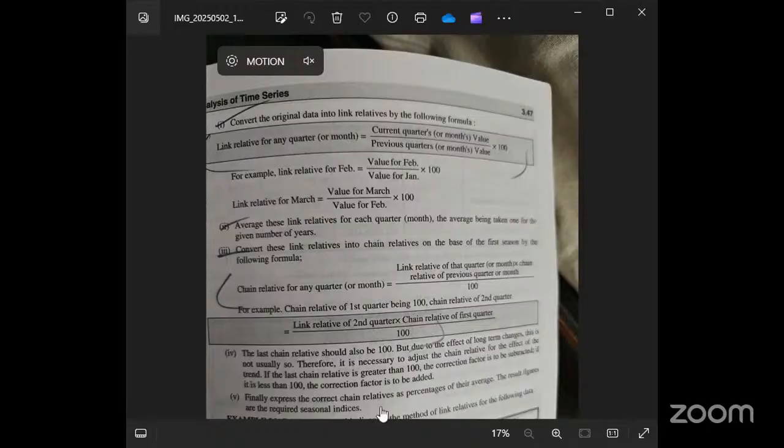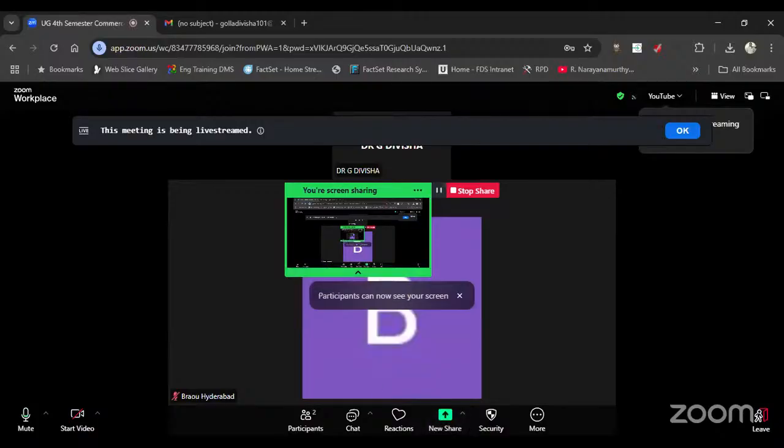We are given here the years and first quarter, second quarter, and third quarter and their values. So this is the problem.